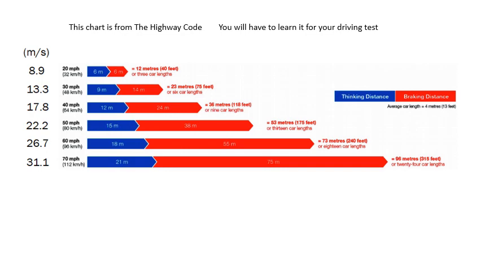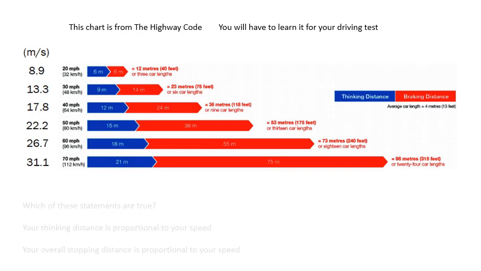On this chart, the speeds are in miles per hour and kilometers per hour. I've put meters per second on there as well. Now what patterns can you see? In blue, you've got your thinking distance. In red, you've got your braking distance, and then you can see the total.